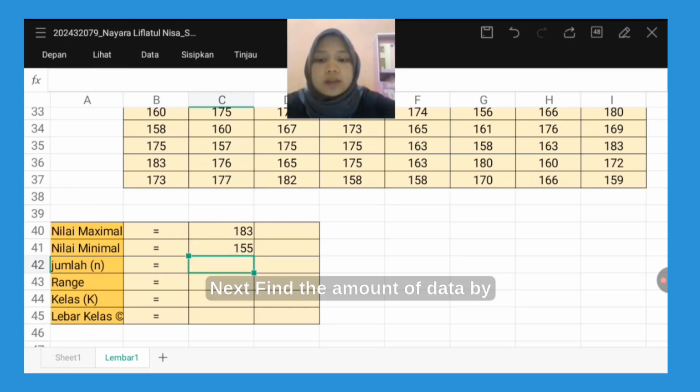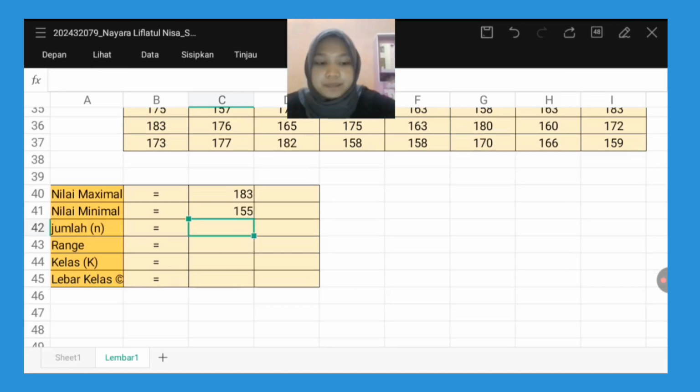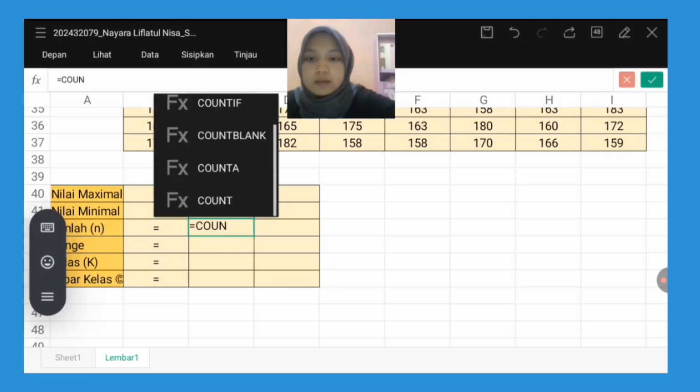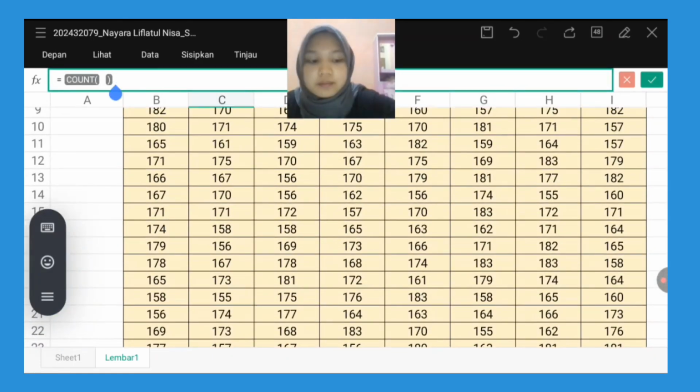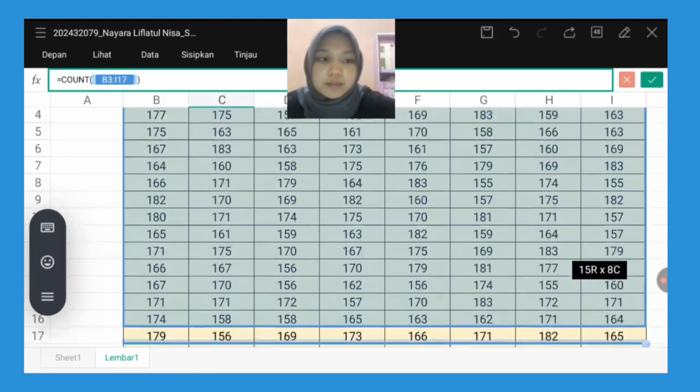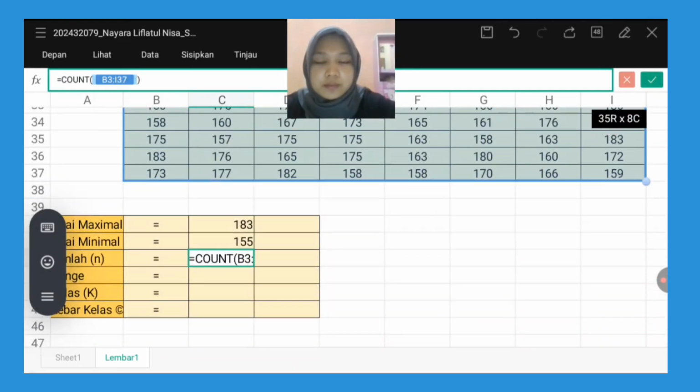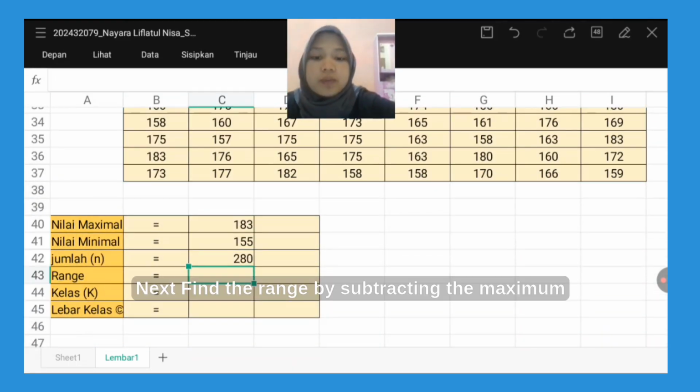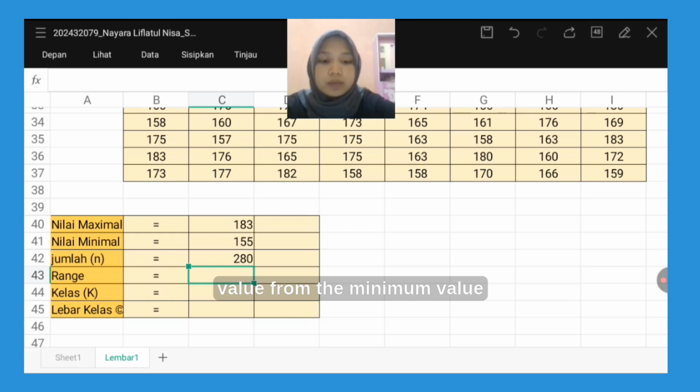Next, find the amount of data by using the equal COUNT formula, then plug in all data. Next, find the range by subtracting the minimum value from the maximum value.